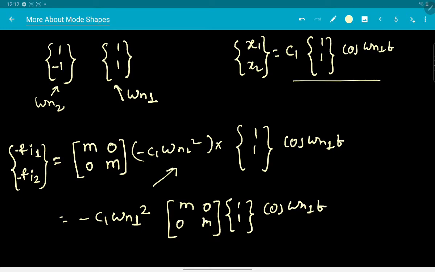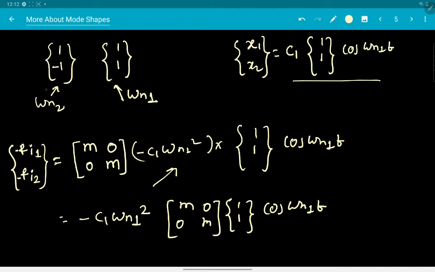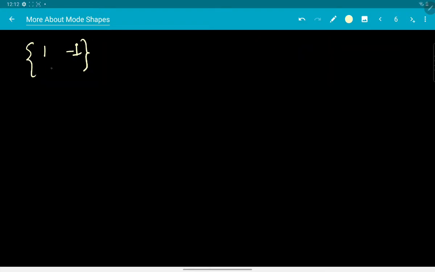Now, this is the inertial force. What I'll do is pre-multiply this by the transpose of mode shape number 2, that is this one. Therefore the transpose comes out like this.